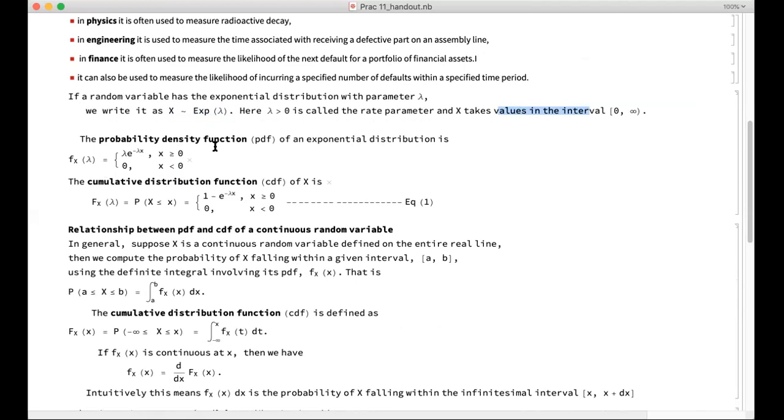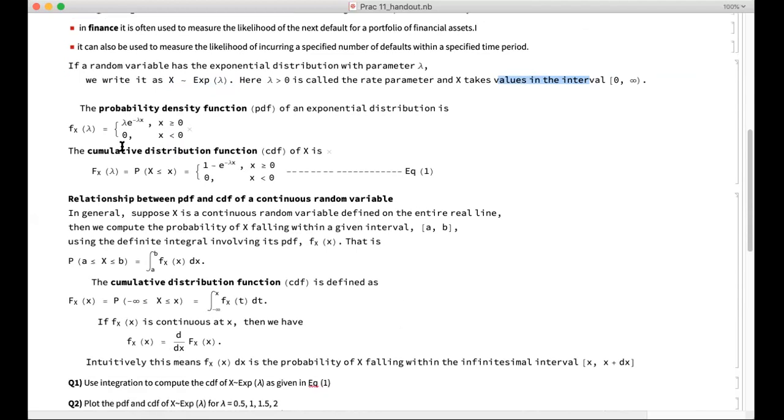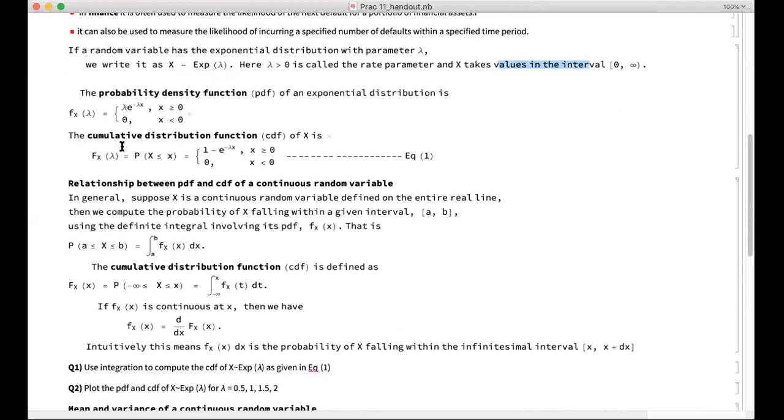That's why it's called a continuous distribution. There are other distributions which take values on discrete points; those are called discrete random variables.